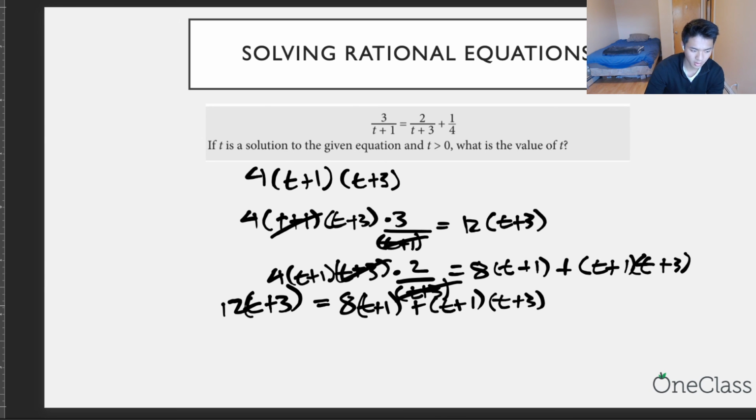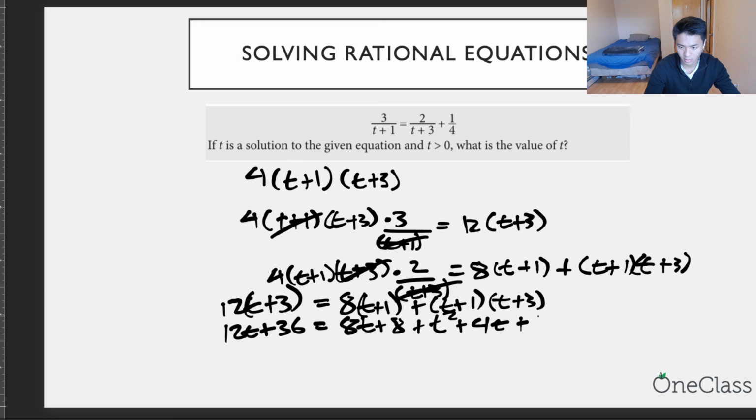Putting that together, we can rewrite this all together. We get 12t plus 36 equals 8t plus 8 plus t squared plus 4t plus 3. Simplify this again. We want to get this into polynomial form, so we start with t squared.